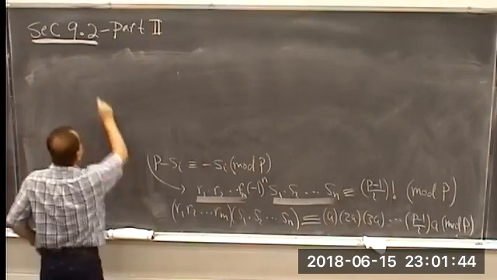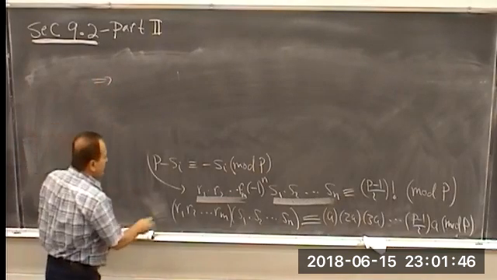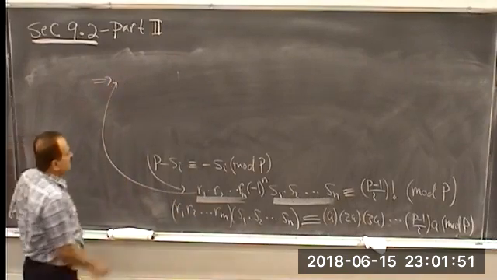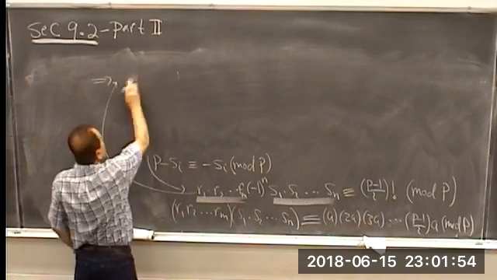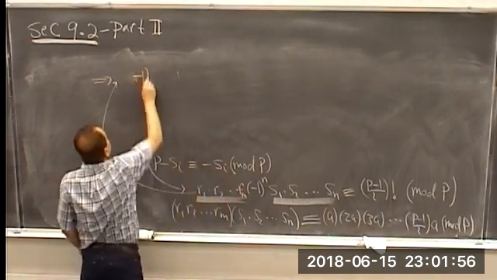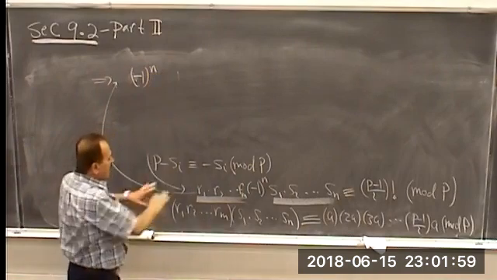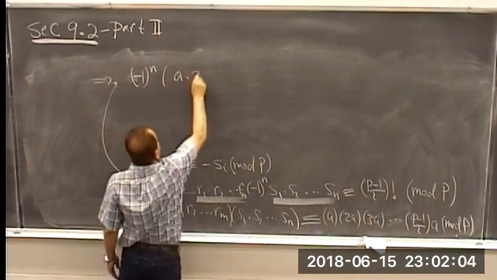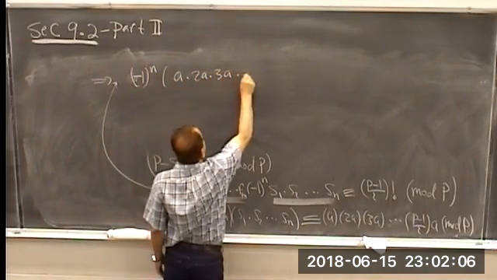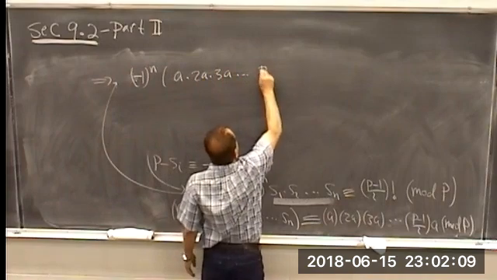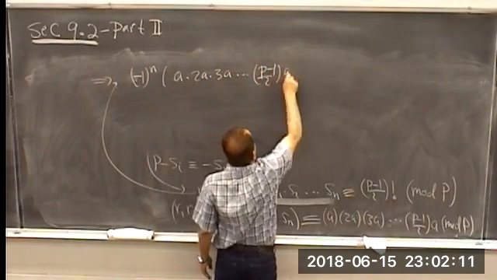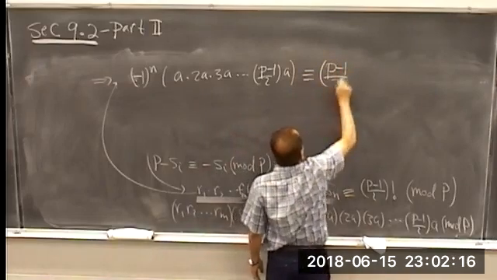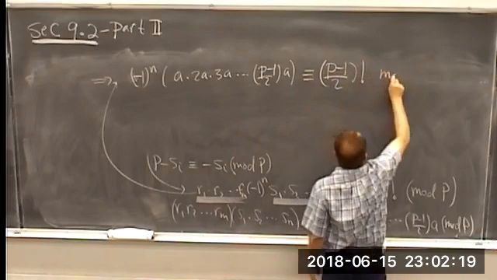So this implies that this congruence relation becomes: let me pull out the (−1)^n in the front, and the r's and the s's multiplied together, I'm going to replace them by a times 2a times 3a up to ((p−1)/2)a, and this is congruent to ((p−1)/2) factorial mod p.